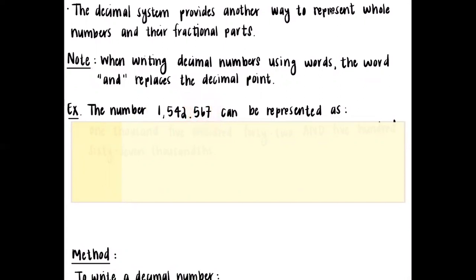So here we have 1,542, and this is where we would say "and" 567 thousandths.